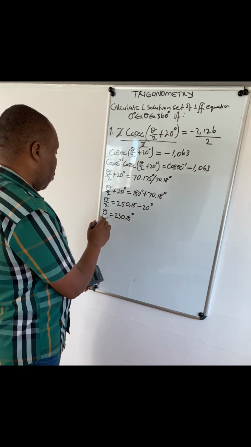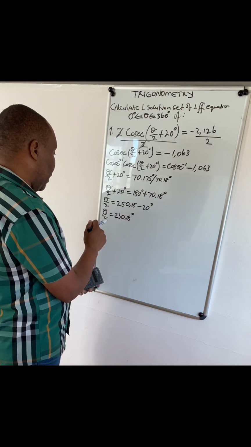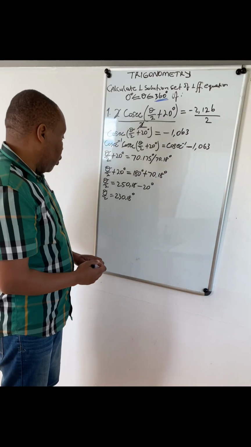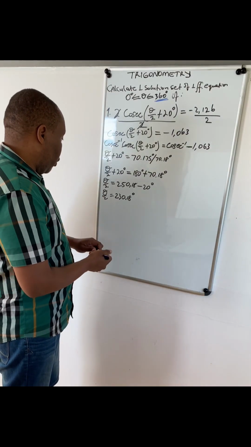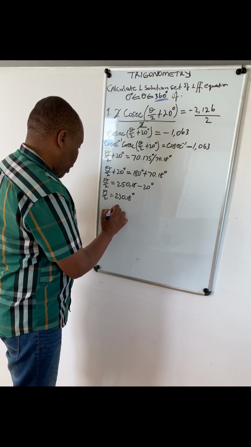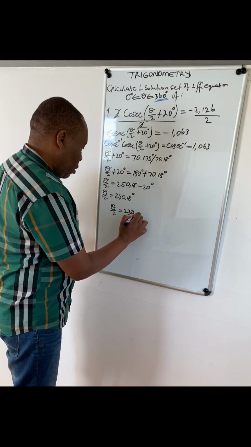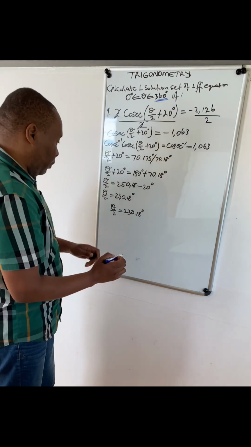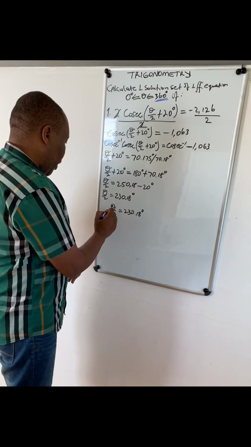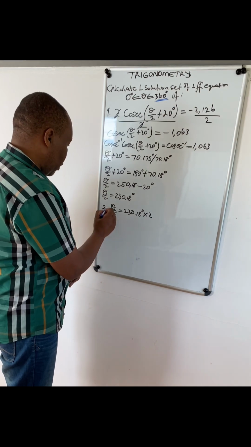Now we've got theta over 2 at 230.18 degrees. So what we have to do next is to cross multiply by 2 this side and 2 this side, and this will cancel.